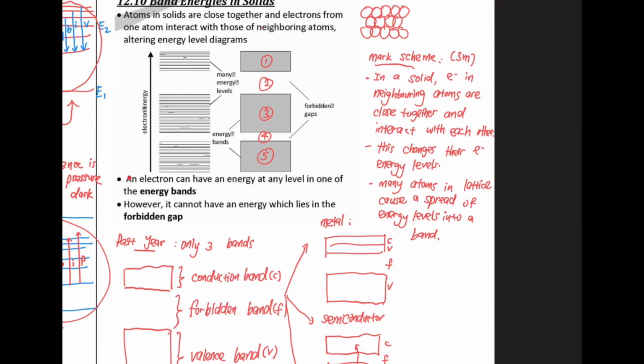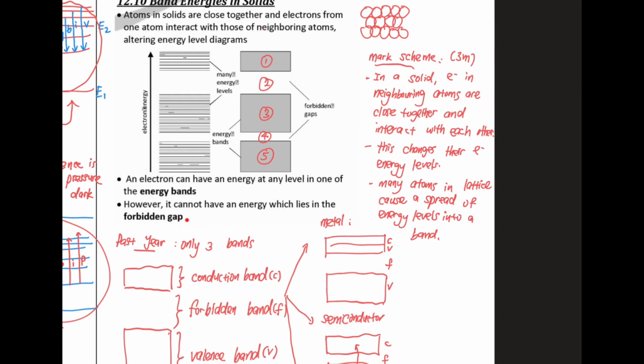And electrons can have an energy at any level in one of the energy bands. So electron can have energy here, can take more energy and come to here, or can take even more energy and come to conduction band. However, it cannot have energy which lies in the forbidden gap.